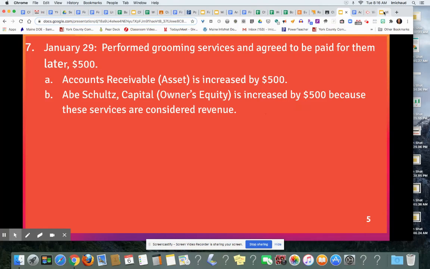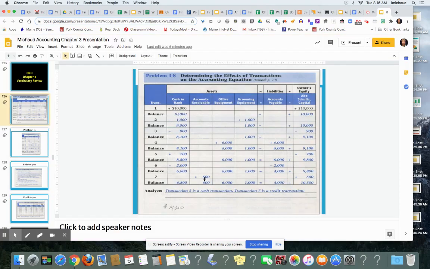We're going to go back to the table, increase accounts receivable by $500 and capital by $500. And then you want to put all these numbers in. So you should verify that your assets are equal to your liabilities plus your owner's equity. So when we add these numbers up, it should be $14,300. Add those two numbers up, that's $14,300.